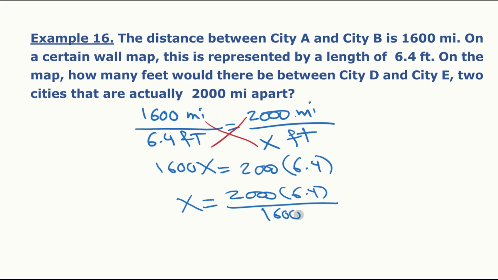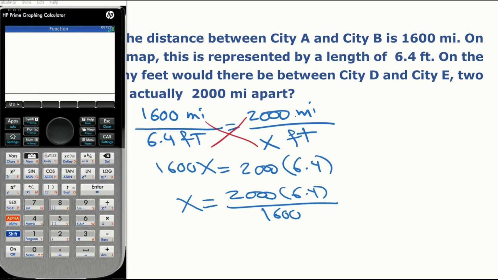And then we can just go ahead and utilize a calculator. Okay, so we have 2000 times 6.4 divided by 1600. And that is 8.